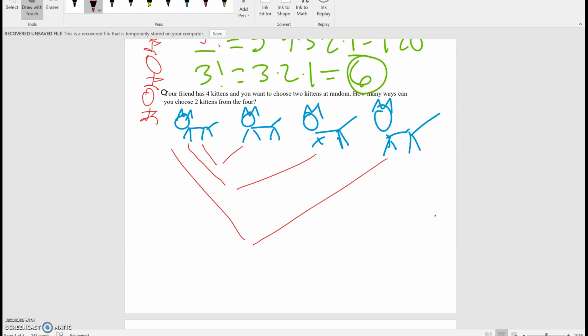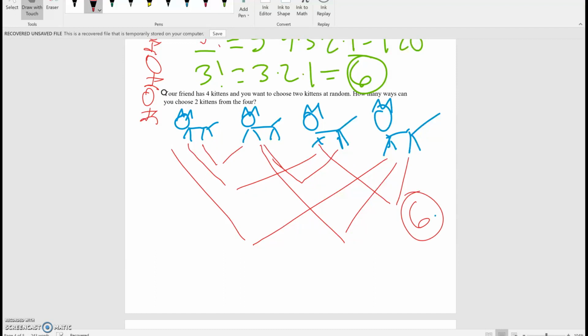Or I could have also gotten the second one and the third one, or the second one and the fourth one, so that's 2 more combinations. Or I could have also chosen the last one and this one. So how many total combinations is that? Yes, it's 6 total combinations.